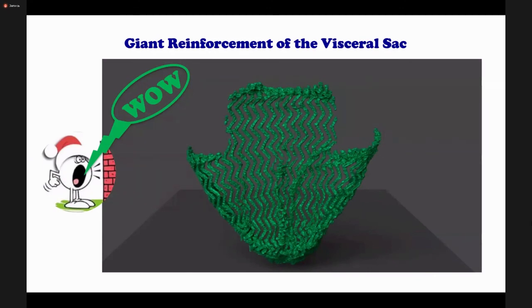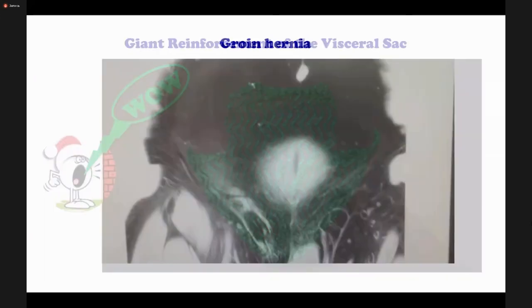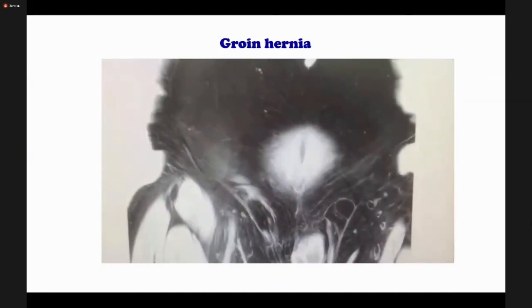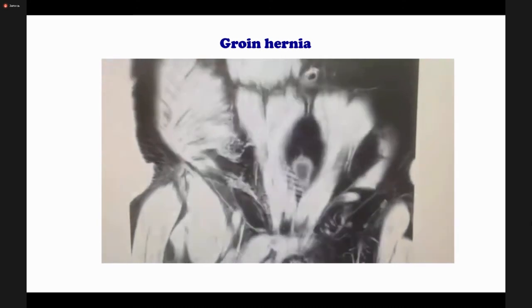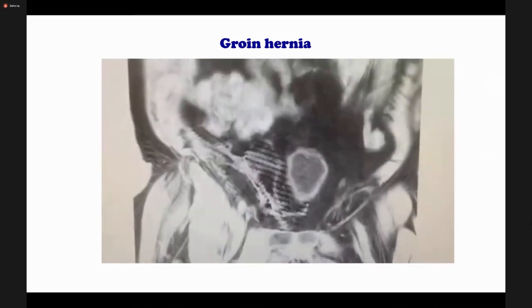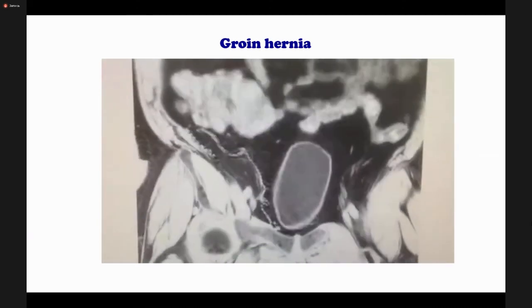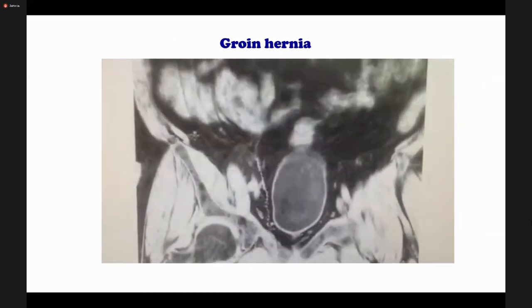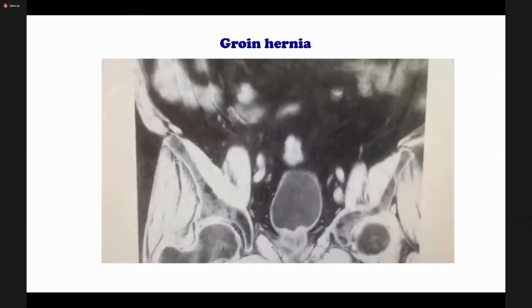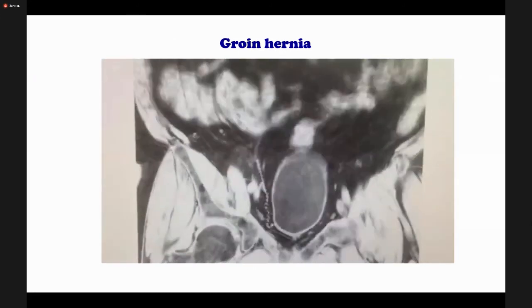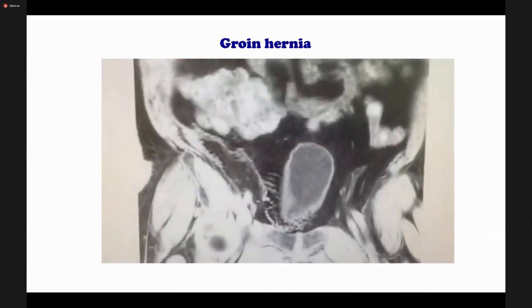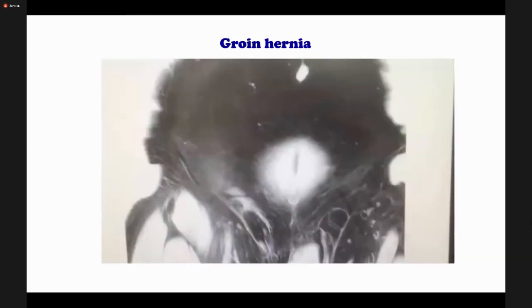This is the nice thing that you can ask the engineers to produce based on these meshes. This is a groin hernia. We're also doing a study there comparing glue versus non-glue, and then seeing how the mesh will either migrate or shrink, once again with 1 month and 13 months MRI.